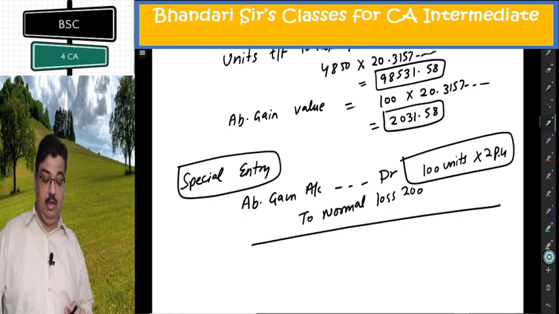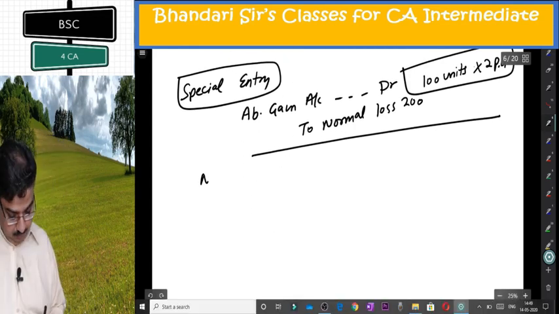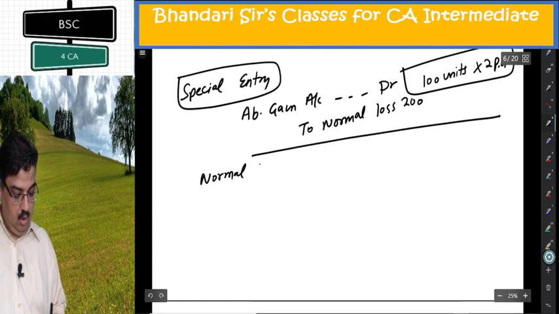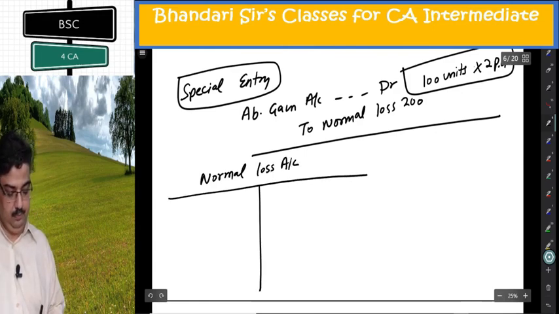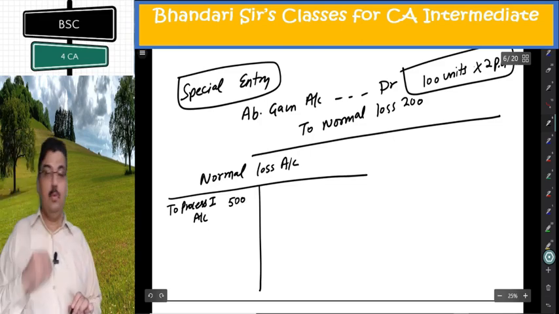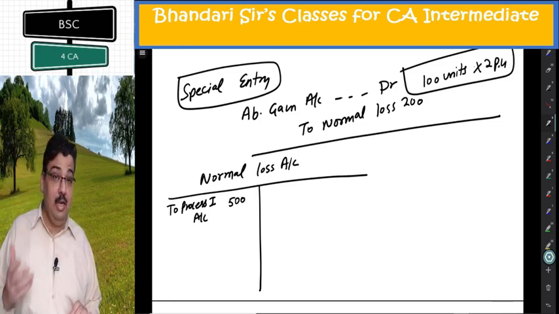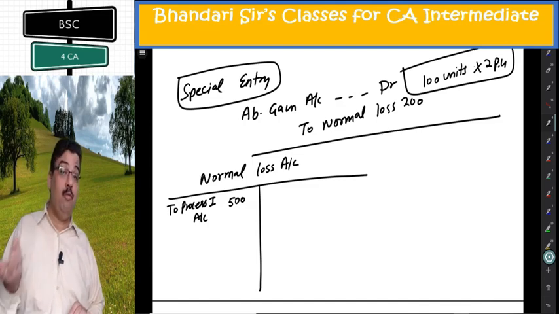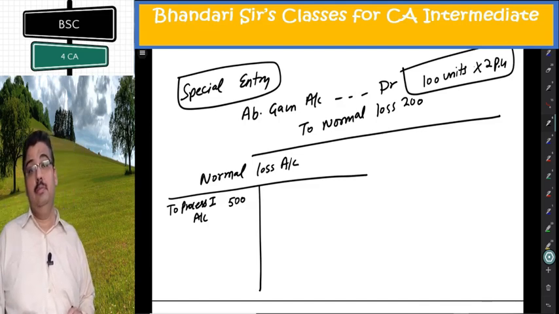I am first making normal loss account. Normal loss account, to process one account, 500. Will the scrap dealer give you 500? You don't have 250 units to sell.